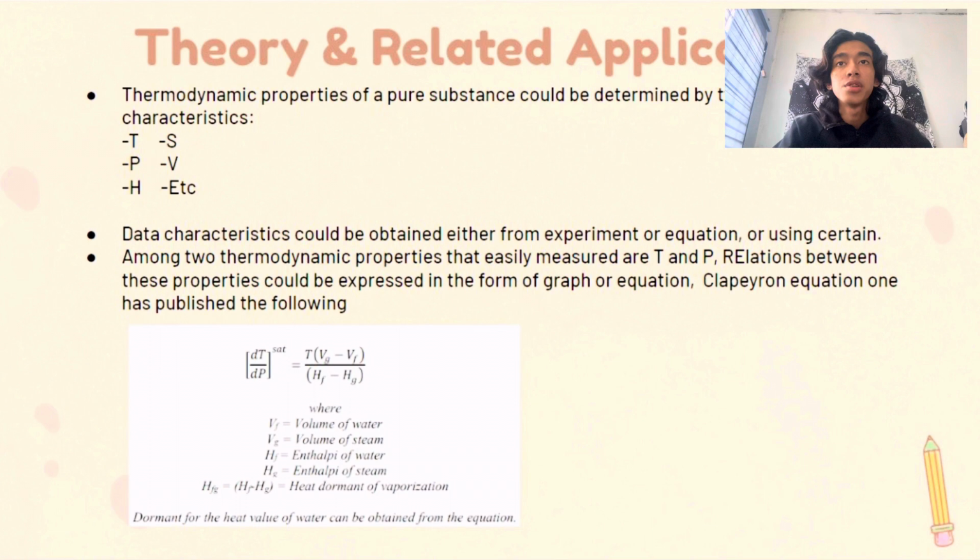The relation between these properties can be expressed in the form of a graph or equation. The Clapeyron equation has been published as follows. As you can see from the formula, Vf is the volume of water, Vg the volume of steam, Hf the enthalpy of water, Hg the enthalpy of steam, and Hfg the heat of evaporation.